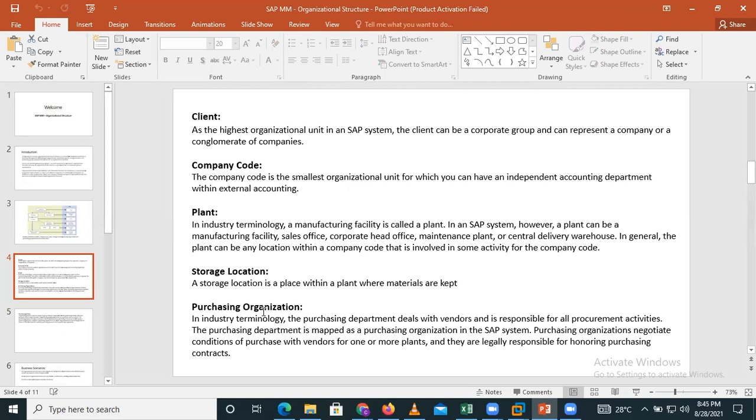Now, if I segregate this based on the purchasing group, I can pull a report on how much I spend on the North region and how much I spend on the South region, right? That reporting is possible because of the purchasing group, and that is the reason we create purchasing groups in SAP.